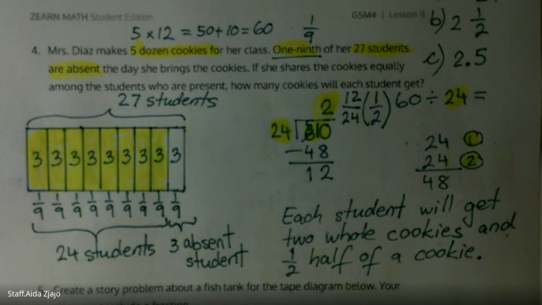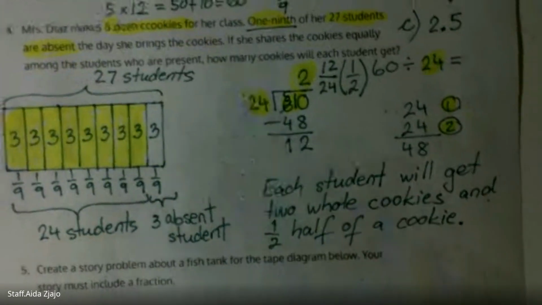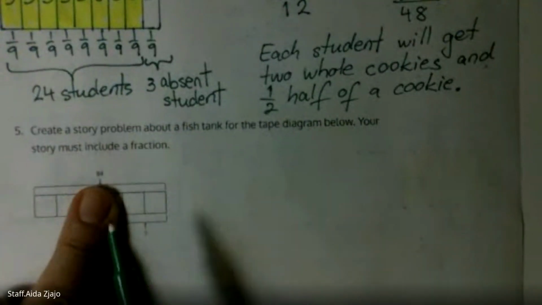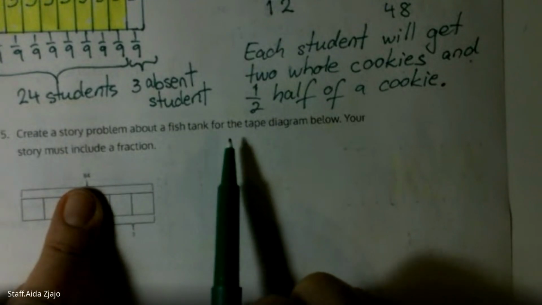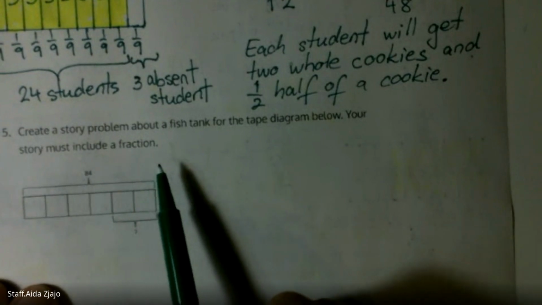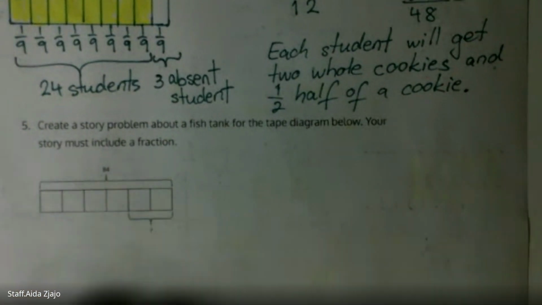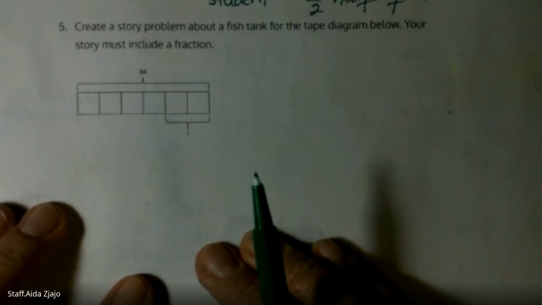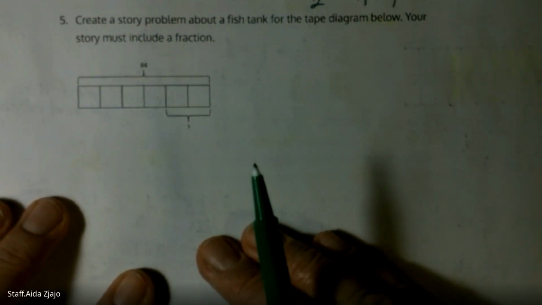So you can have different stories. Like I was thinking about, if this is volume 84, sorry, create a story problem about a fish tank for the tape diagram below. Your story must include fractions. So there's several different ways that you could use the story.